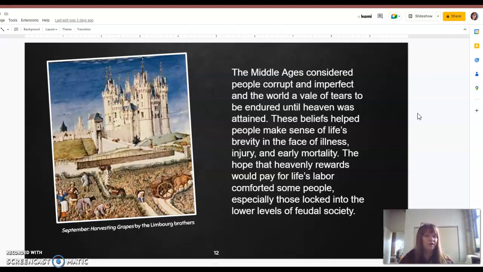And we cope the best we can, right? Even now, if we're trying to cope with something, we need explanations. So if you were locked into this lower level where you were a peasant and you were toiling away in this feudal society, you set your sights on heaven and trying to attain entrance into heaven.